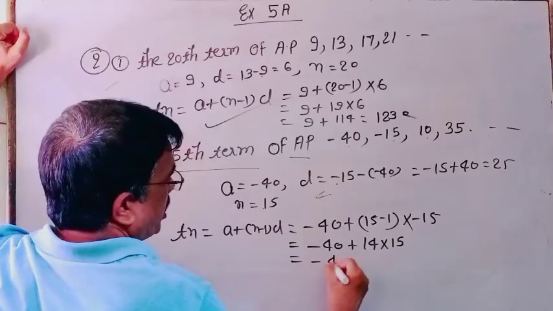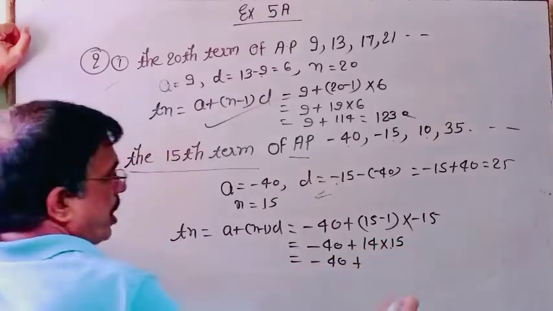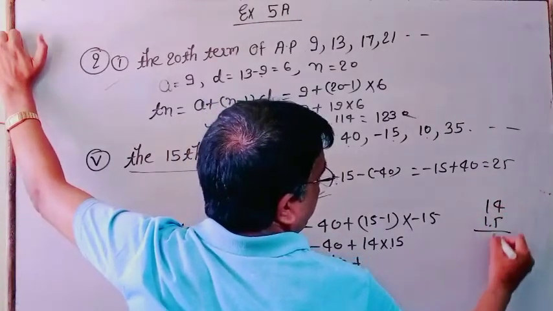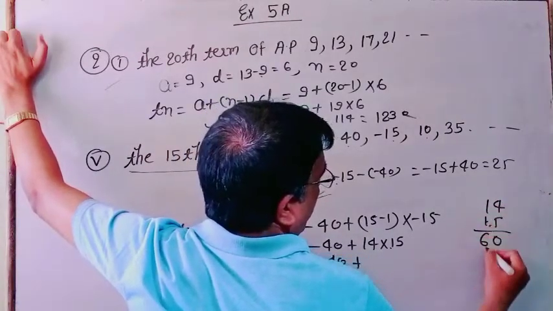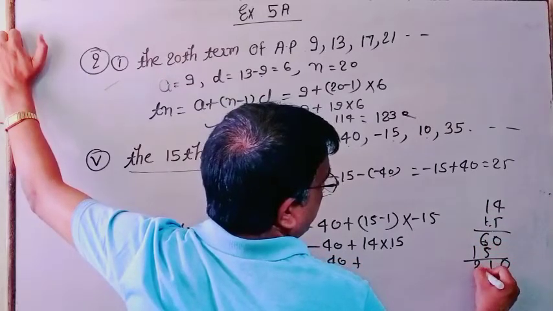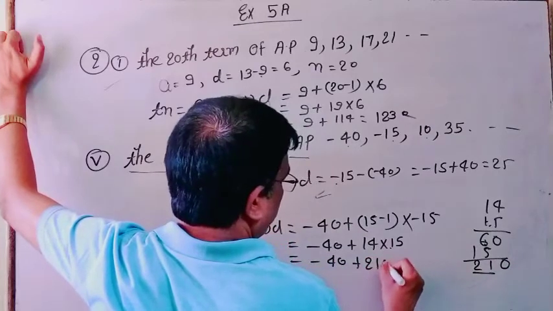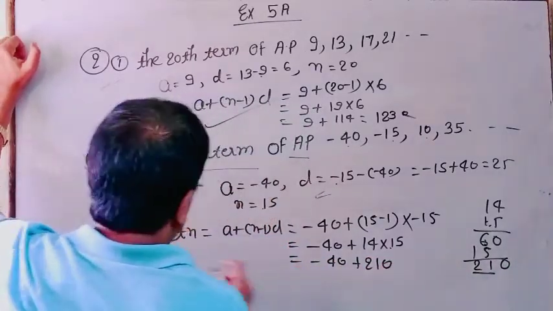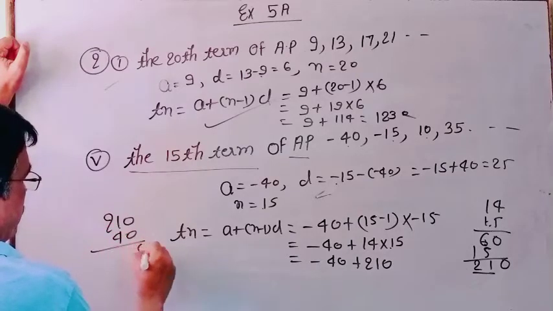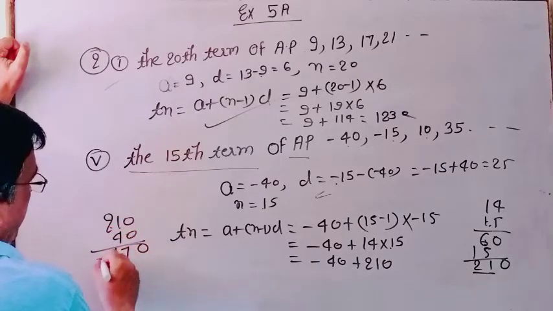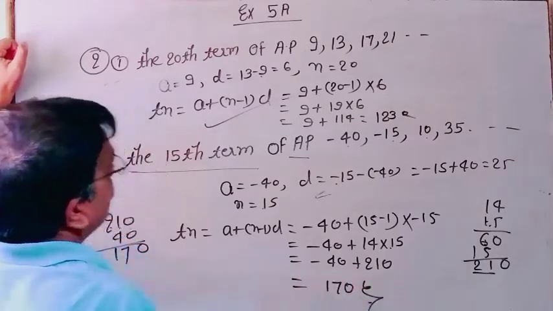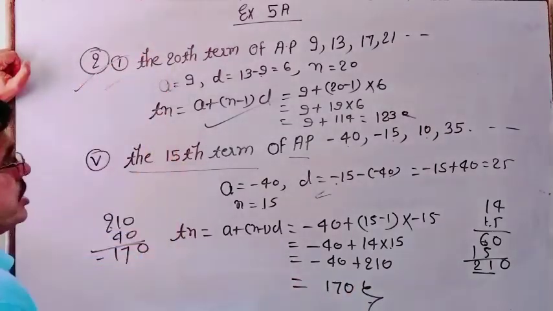So what do you get? It is minus 40 and multiply here 14 into 25, that is 350. Then your answer will be 350 minus 40, that is 310. That is your solution. So dear student, this is question number 2.